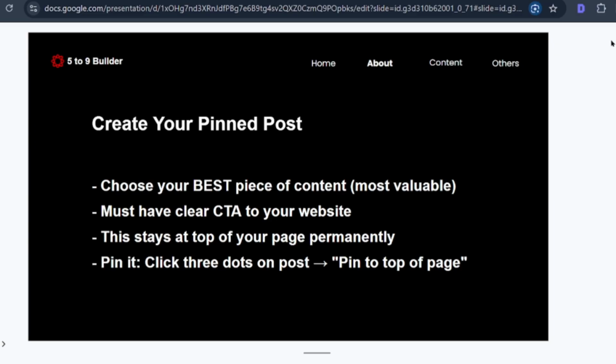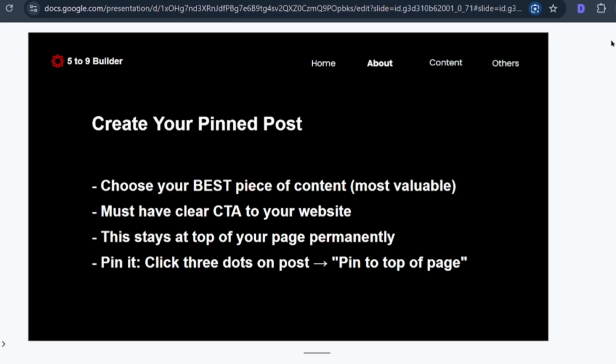Now, what I want us to look at is how to create a pin post. What is a pin post? A pin post is usually one particular post that talks about almost everything on your page, or the key notes of your page. What do you do, why are you doing this, who are the people that you are trying to help, what makes you special.